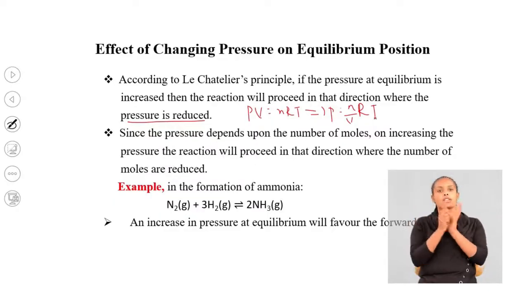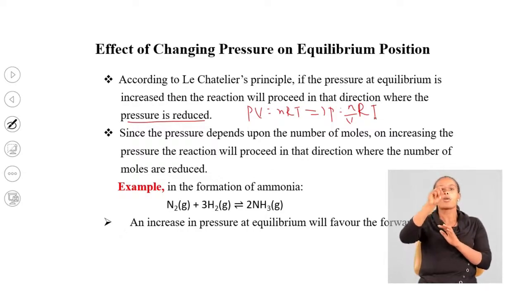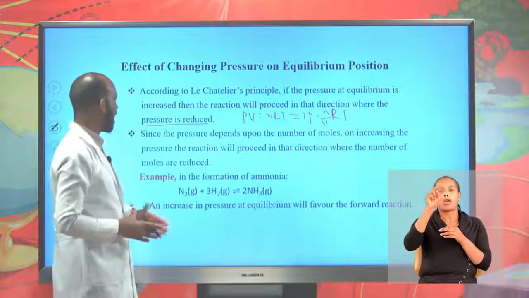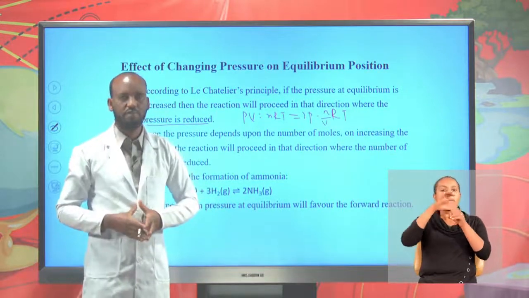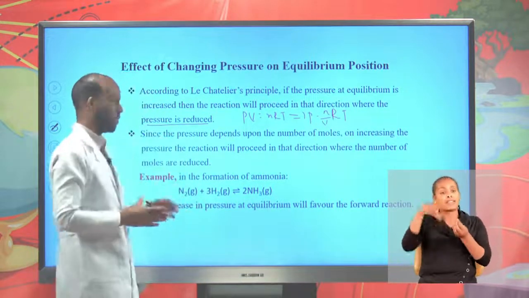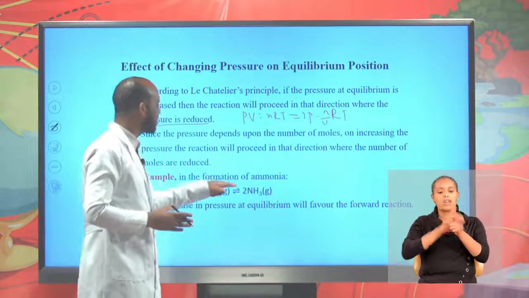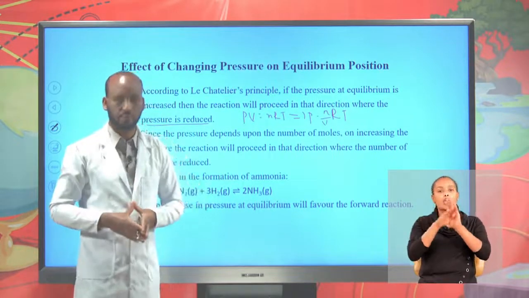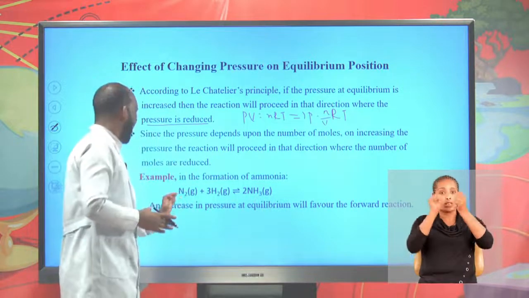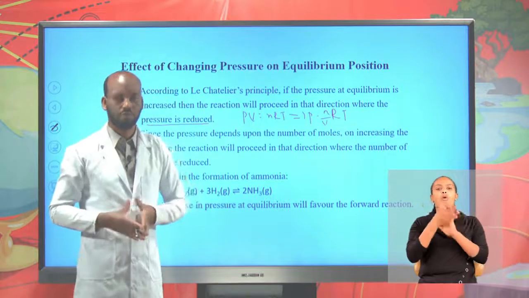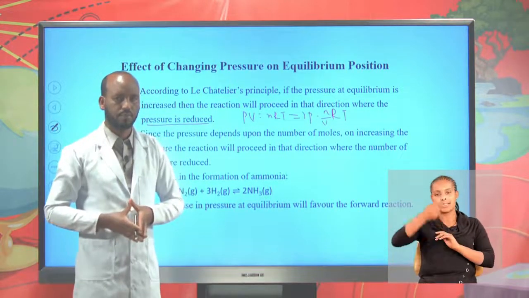For example, in the formation of ammonia from its elements, nitrogen gas plus 3H2 gas to form 2NH3 gas, if pressure is increased, then equilibrium shifts in the direction that reduces the pressure. Equilibrium shifts to the side that has the smaller number of moles of gas.